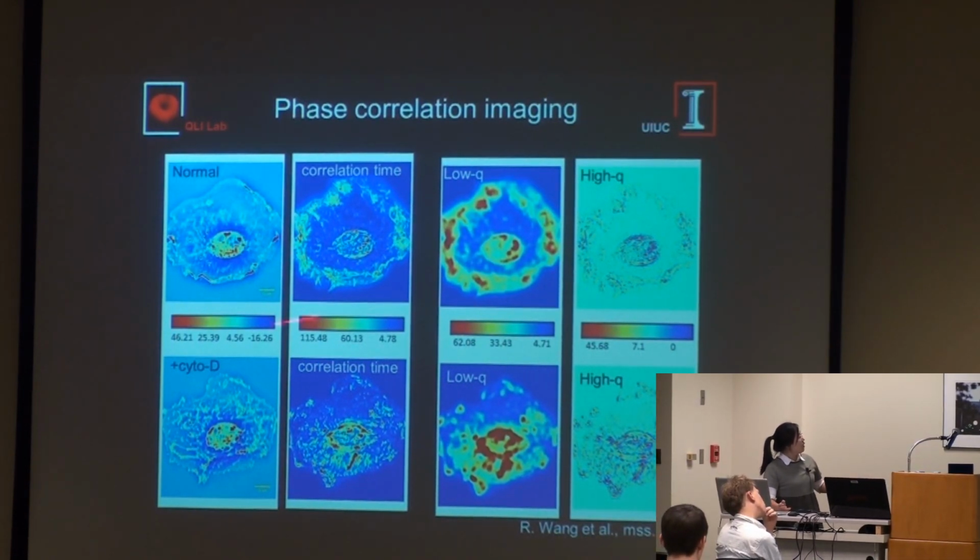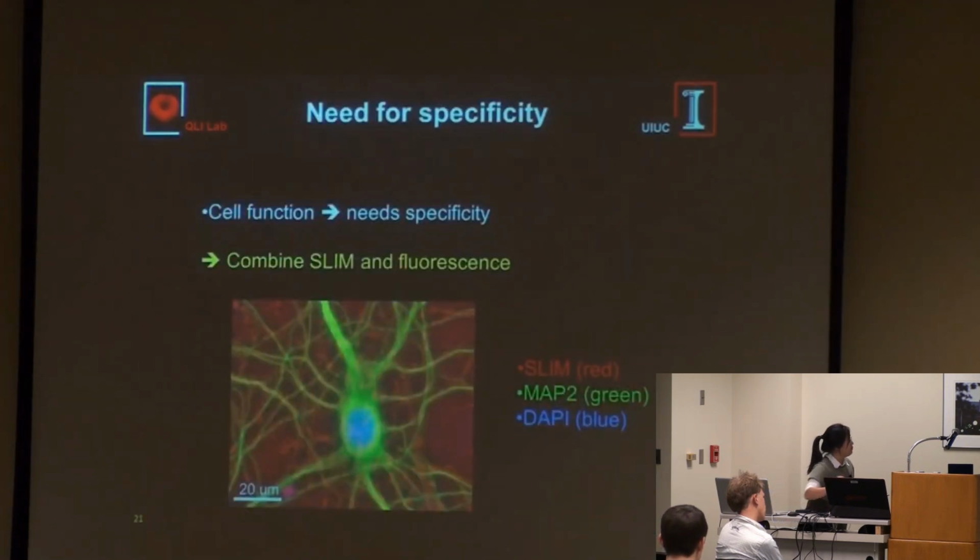The top row is for the normal glial cell, and in this one we used cytochalasin to block the actin polymerization. This is for the low Q part, and this is for the high Q part. We found that the high Q is not affected by the actin block, but for the low Q, the larger scale, we can see there is a lot of difference.